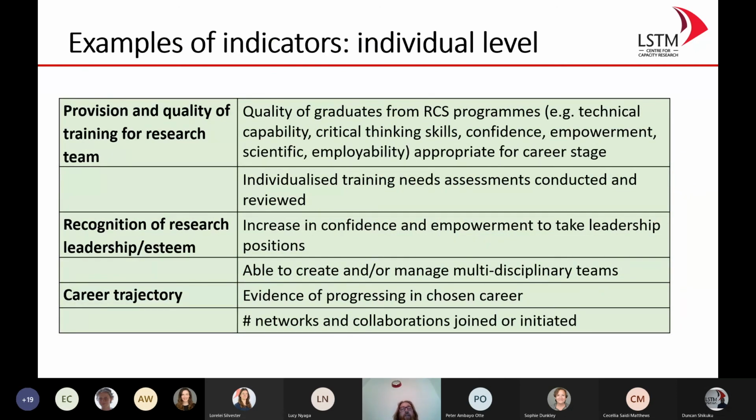Although these are very much prototypes, and that's why I wanted to temper expectations a little, in this paper the types of things that you might want to measure are included, and some suggestions around how you might operationalize that. But are there well-defined and tested indicators that you can pull out and use?